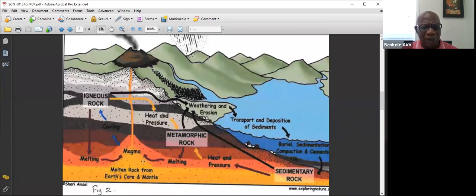What are the uses of minerals? There are many. Earlier on, we talked about the metallic and semi-metallic: gold, silver, copper, iron, aluminum, tin, nickel.